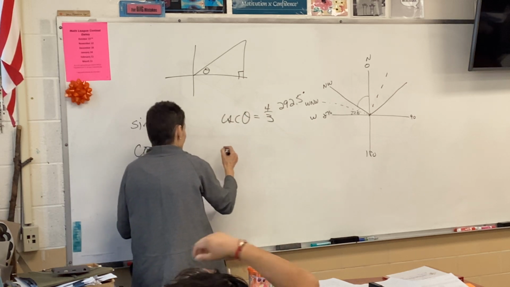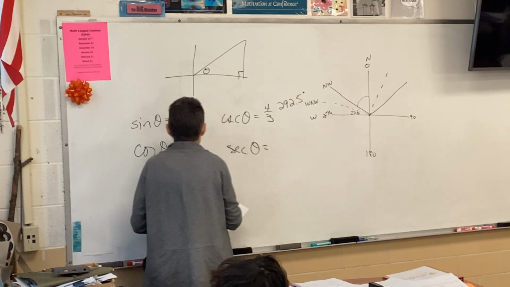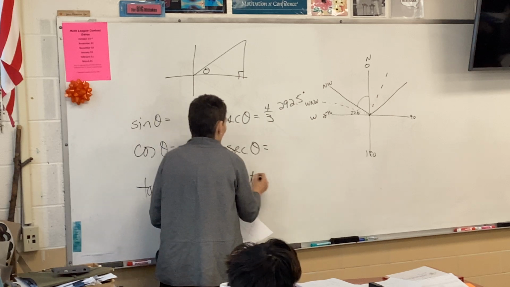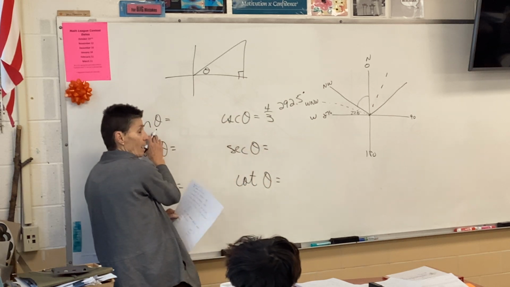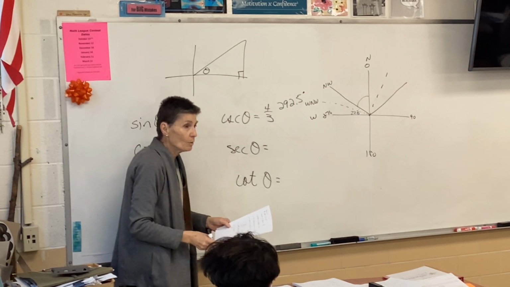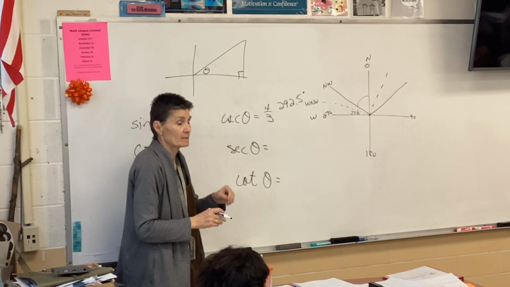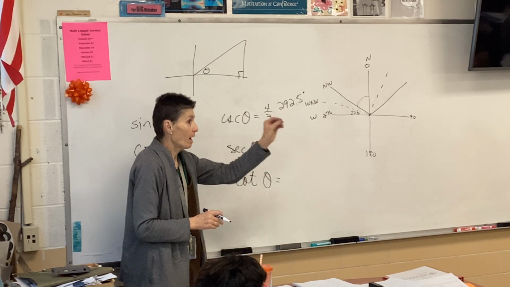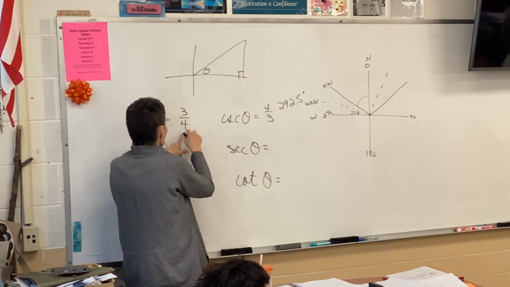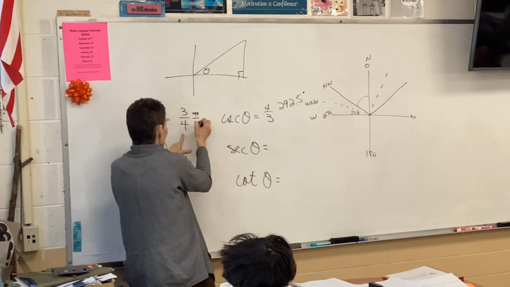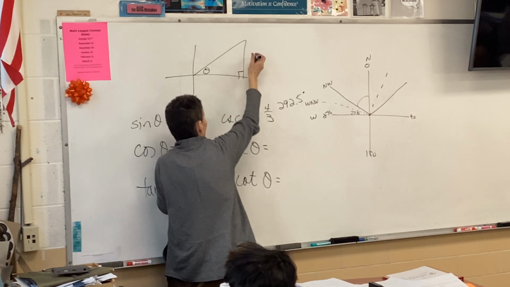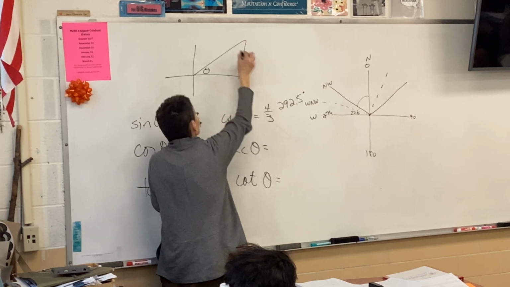Now, you guys, if the cosecant is 4/3, then what does that mean about the sine? 3/4. And what do I know about the sine? Sine is opposite over hypotenuse. So if the sine is opposite over hypotenuse, then would you agree this side is 3 and this side is 4?